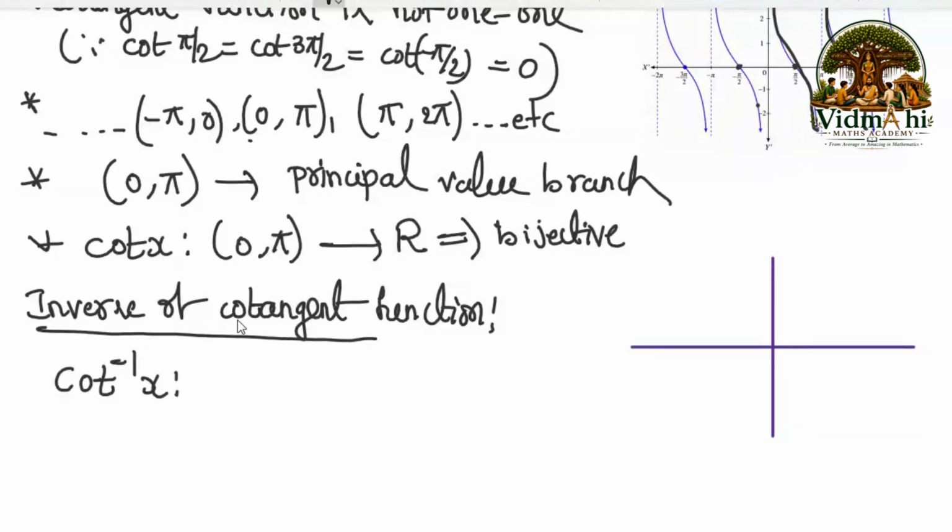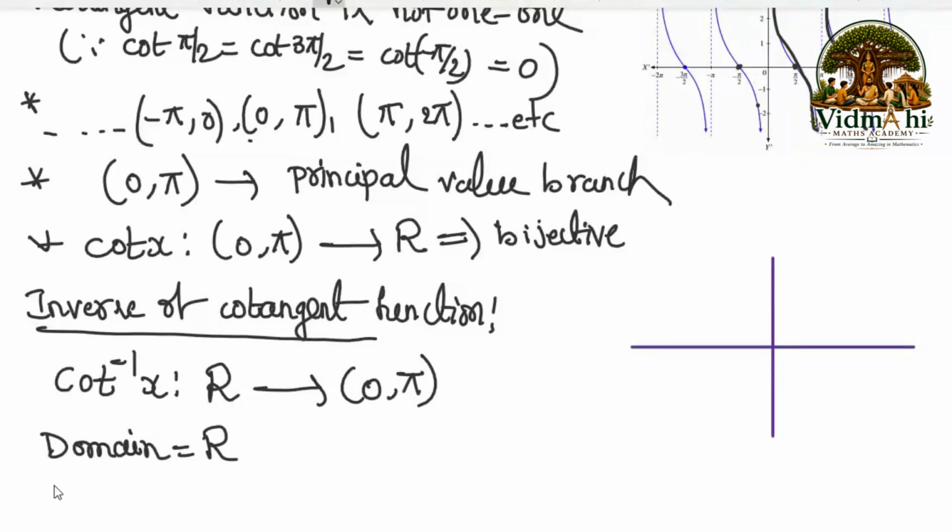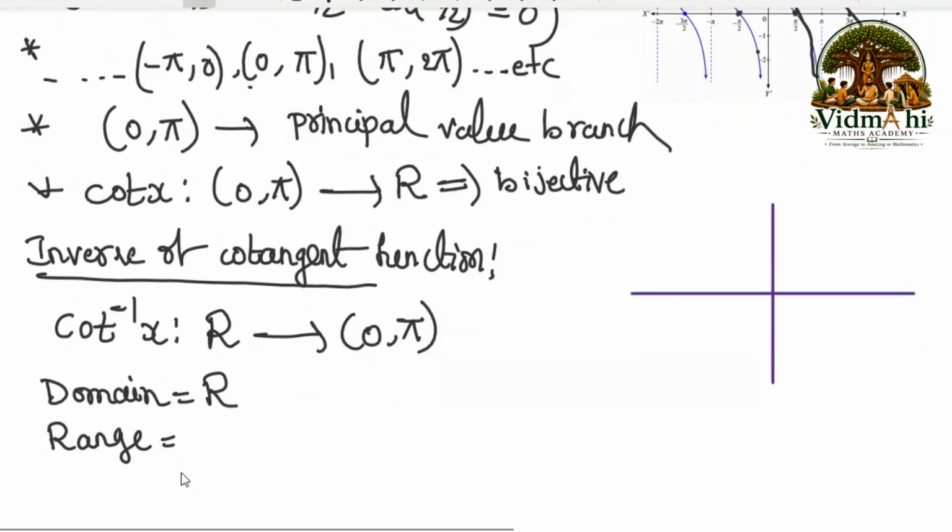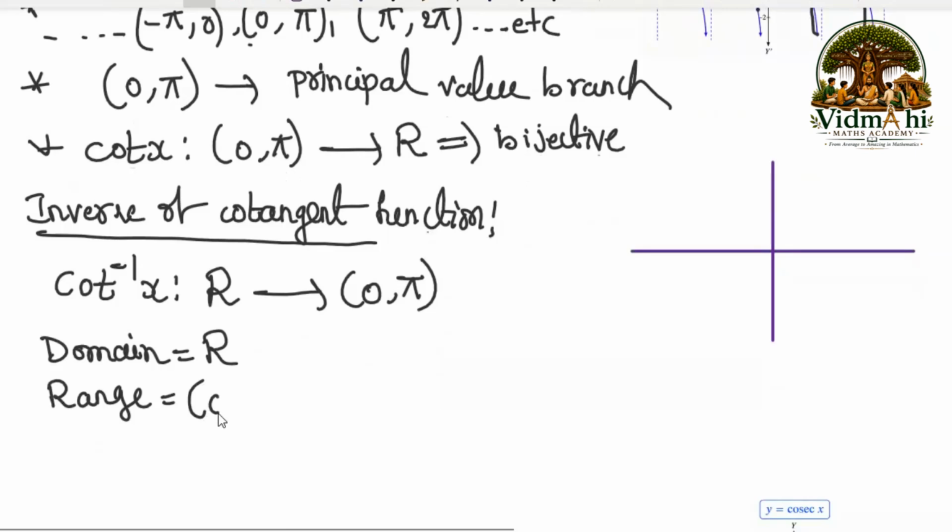For the inverse of the cotangent function, the domain of the cot function becomes the range and the range becomes the domain. So cot inverse x is from the set of real numbers to the open interval 0 comma pi. Here the domain of the inverse of the cotangent function is the set of real numbers and the range is the open interval 0 comma pi.